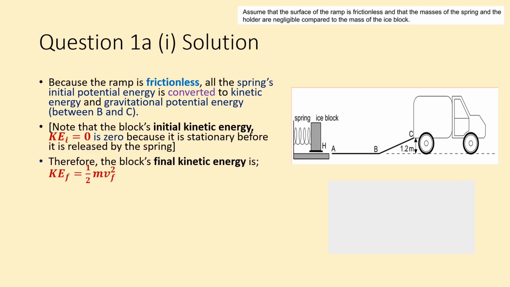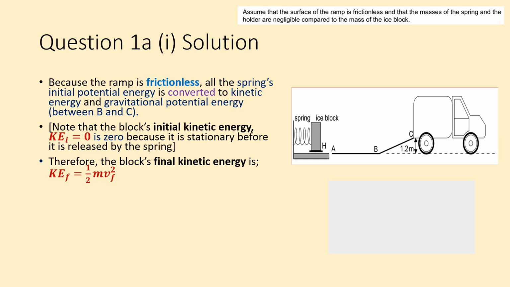Okay, so therefore, let's define these quantities so that we can refer to them. We can apply that law of conservation of mechanical energy. We already have an initial potential energy. So what is the initial kinetic energy in our equation? It is zero, because the block is stationary before it is released by the spring. So we need to look at it not from when the person is applying the pushing force, but from when that block is already compressing the spring fully.